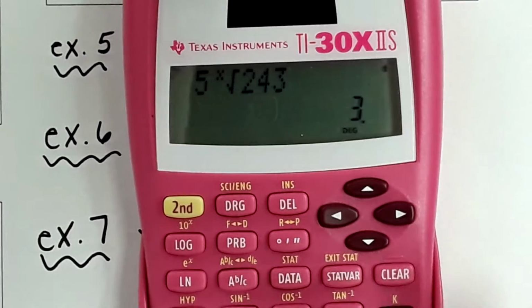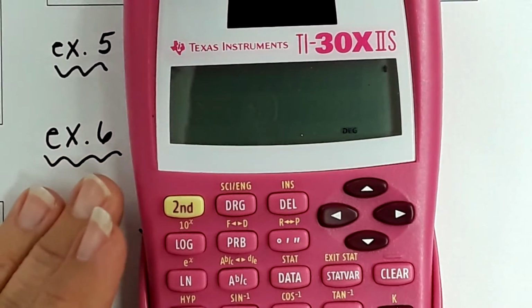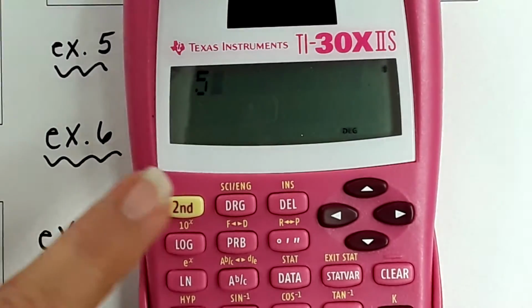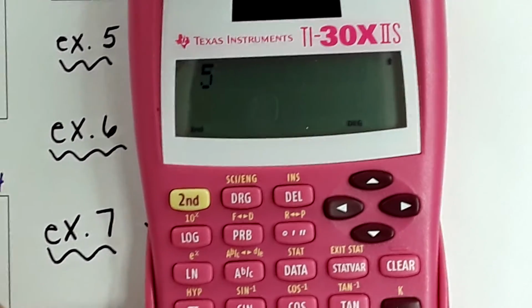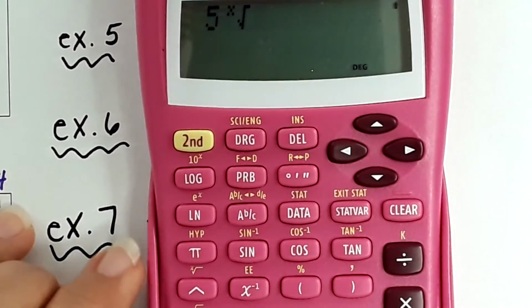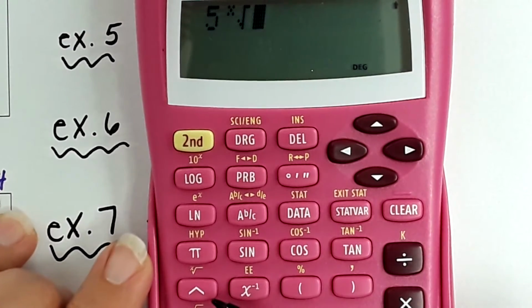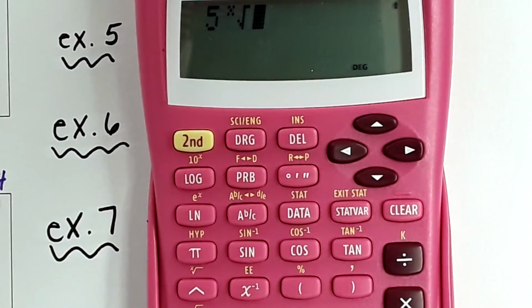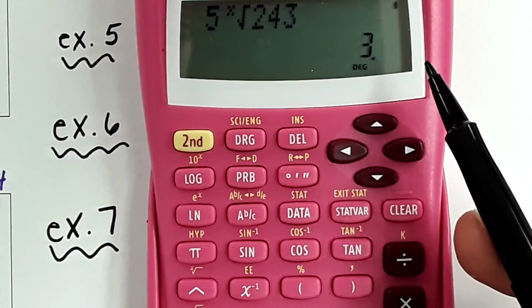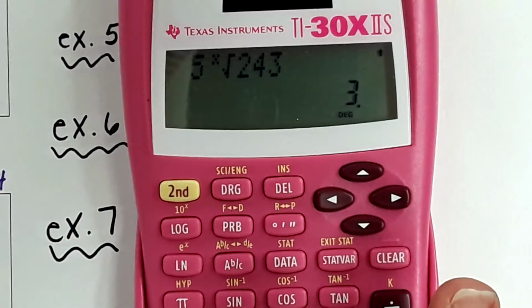Again, I typed in 5 because that was the root, then second caret key, and then I typed in 243, and I got my answer as 3. And that's how it should look.